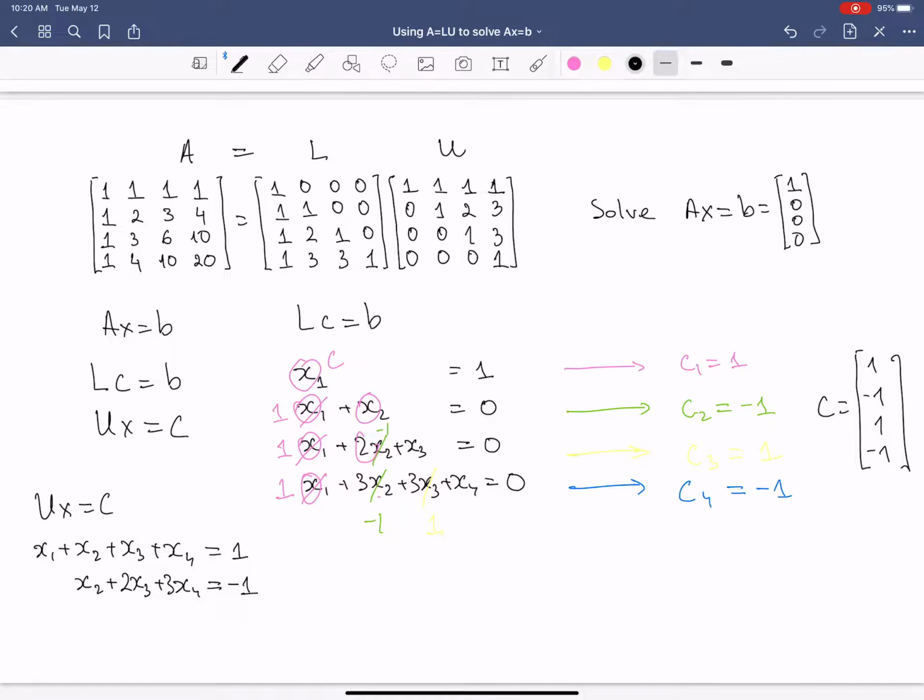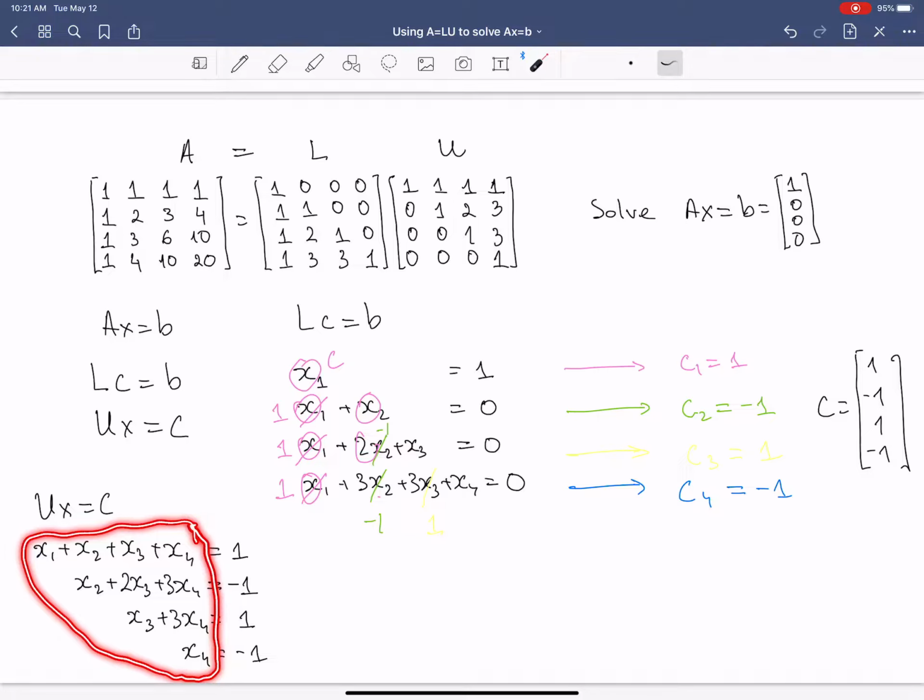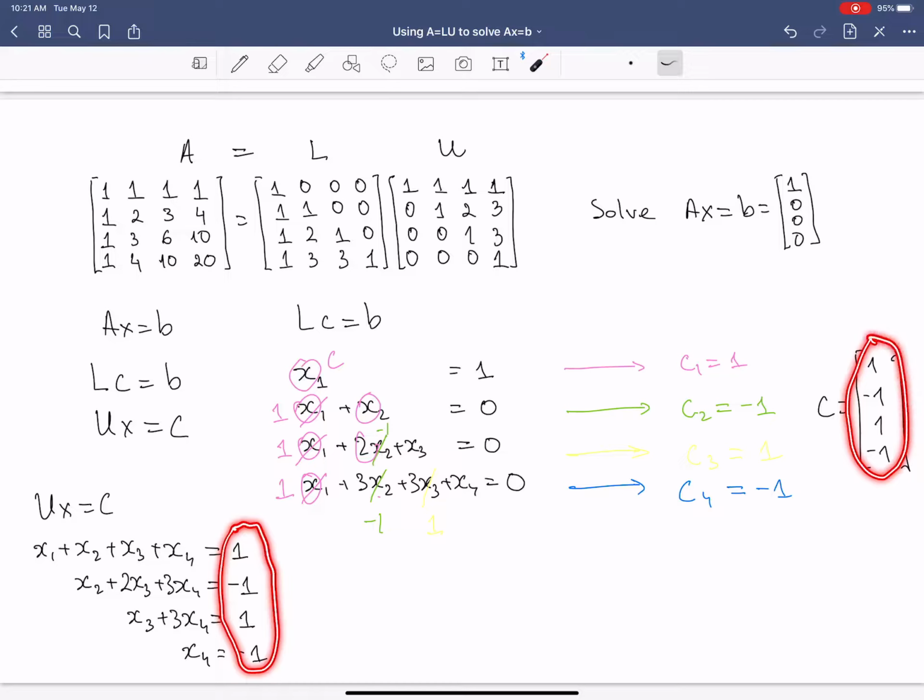And then I have x3 plus 3x4 equals 1. And the last one is x4 equals -1. Again, the coefficients for x1, x2, and x3 come from the matrix U. These are exactly the same system. And then these answers come from the vector C.